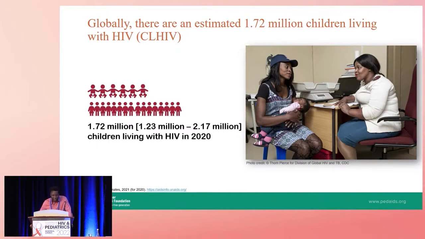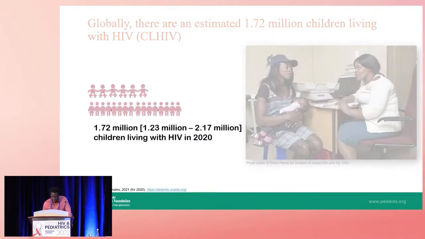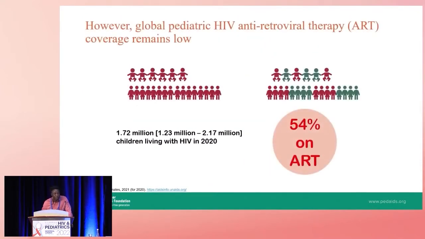Globally, there are an estimated 1.7 million children living with HIV. Despite such a large number of children, only 54% of the children are on ART, which is very low coverage compared to coverage in adults, which is about 74%.